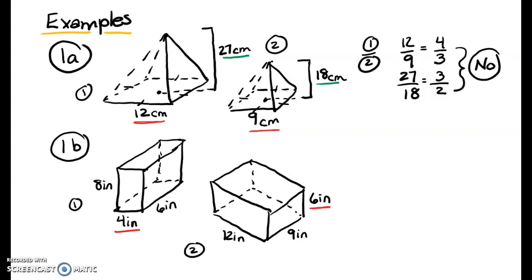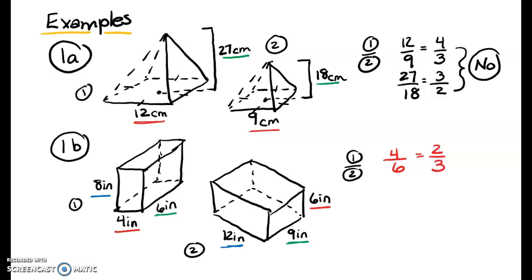And then for the medium number, I'm going to underline in green the one in the middle. So that's 6 and 9. And then I'm going to take the largest number, 8 and 12. And I'm going to set up the proportions that way. So again, I'm going to put figure 1 over figure 2. For the smallest, I get 4 over 6, and that reduces to 2 over 3.